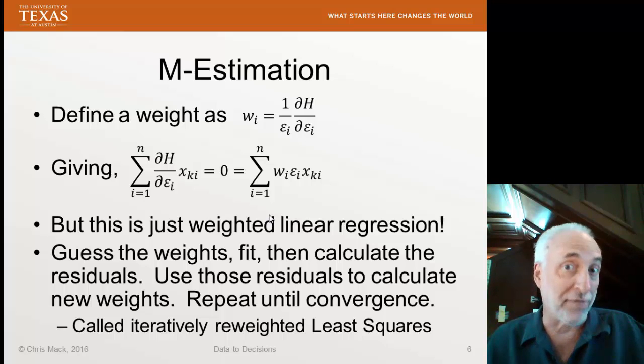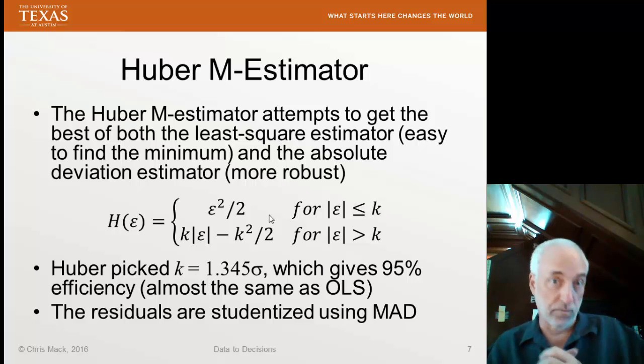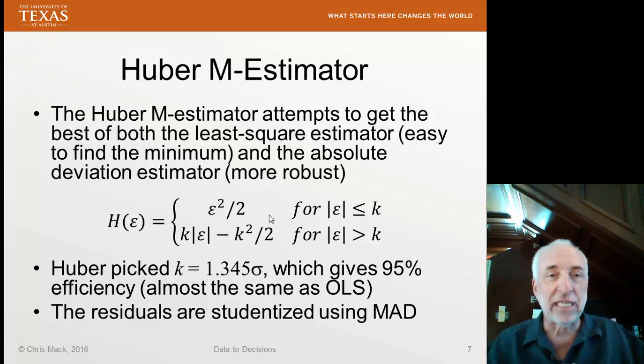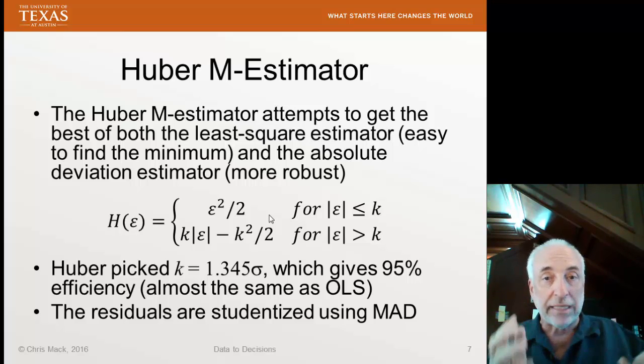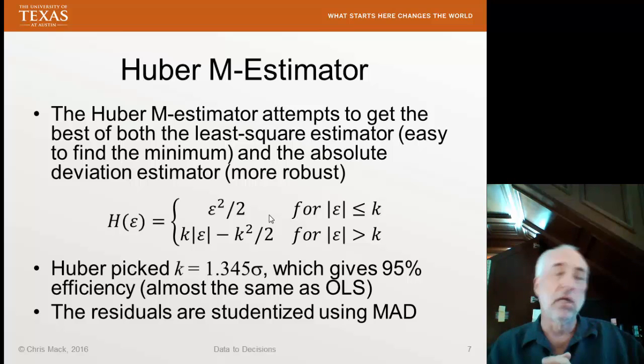The only thing left to do is define some good functions H that we can use. And there are a variety of functions we can use. One of the most common is called the Huber M-estimator. What we're trying to do here is get the best of both worlds of the least absolute deviation estimator and a least squares estimator.